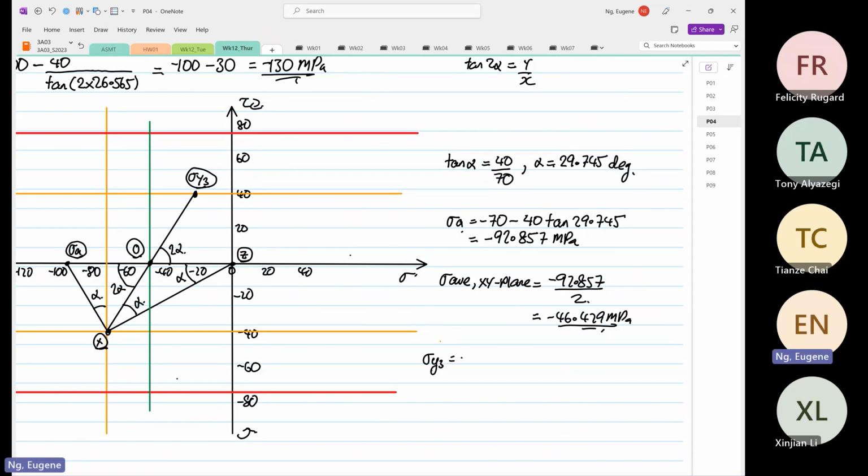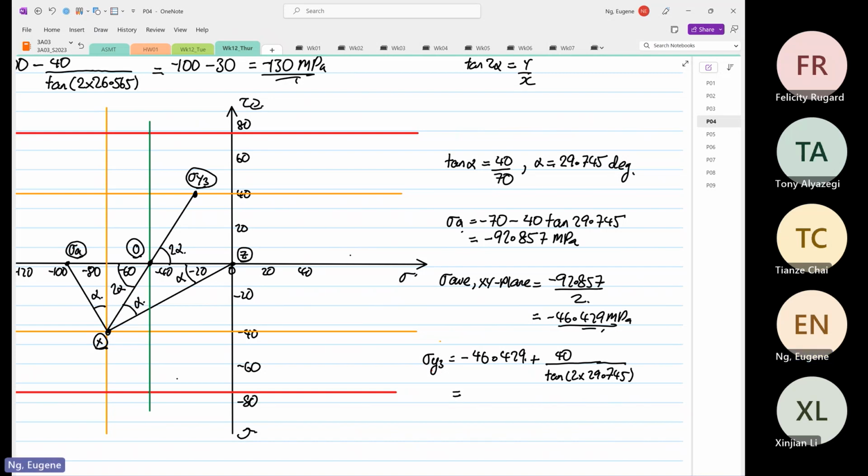Is equal to minus 46.429, right? And then plus by 40 divided by tangent 2 times by 29.745.